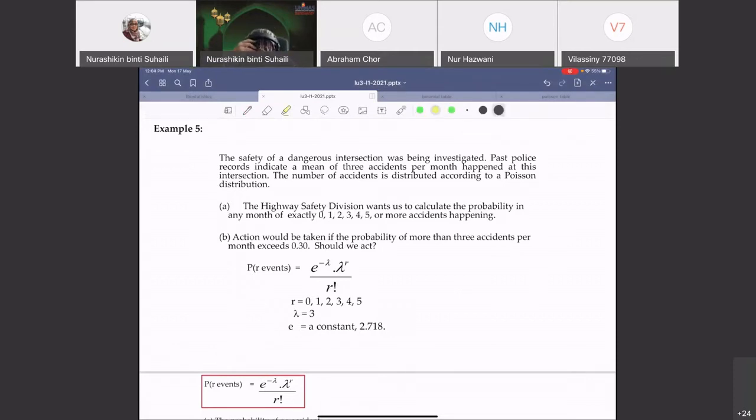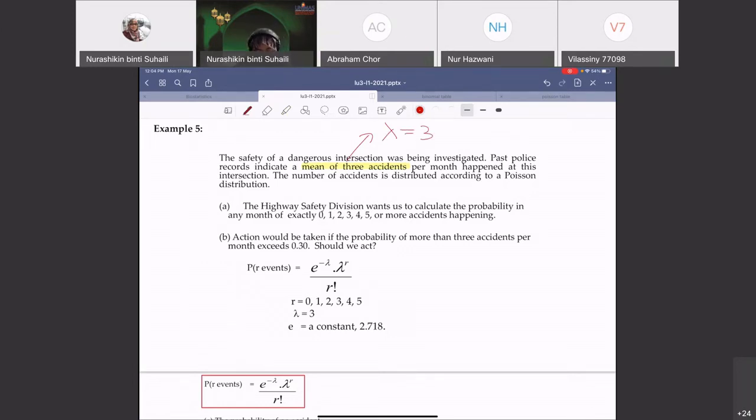The number of accidents is distributed according to a Poisson distribution. So let's have a look at the data given. The mean of 3. What else? That's all. So this mean value is the lambda. Lambda is equal to 3.